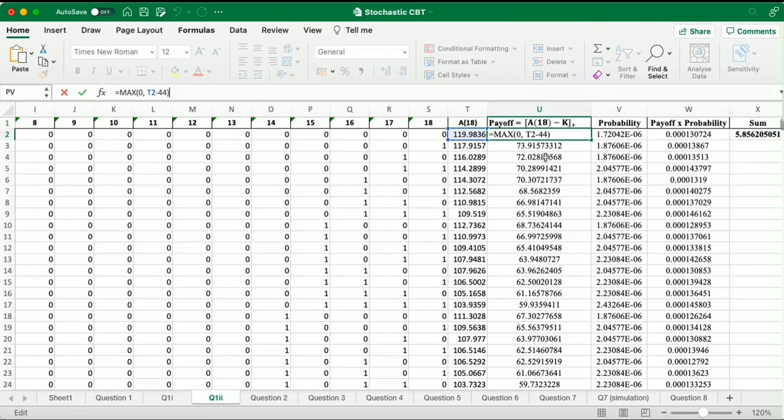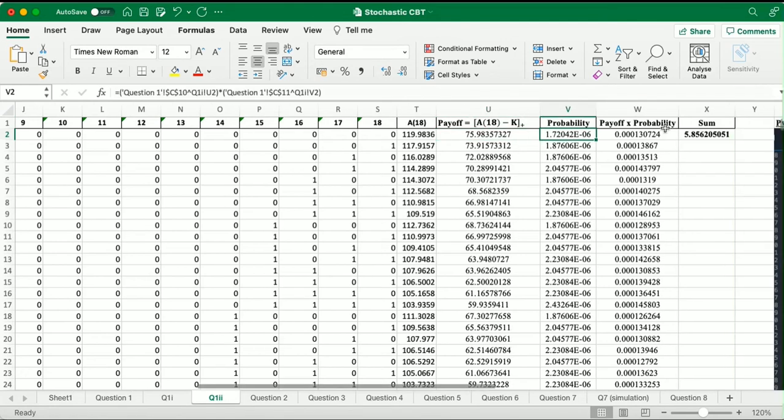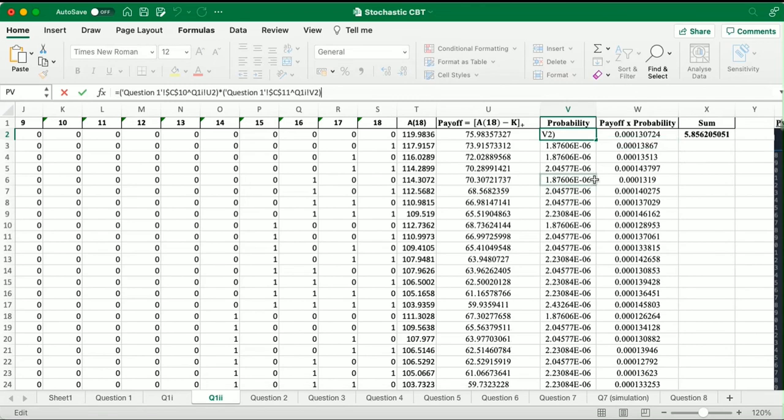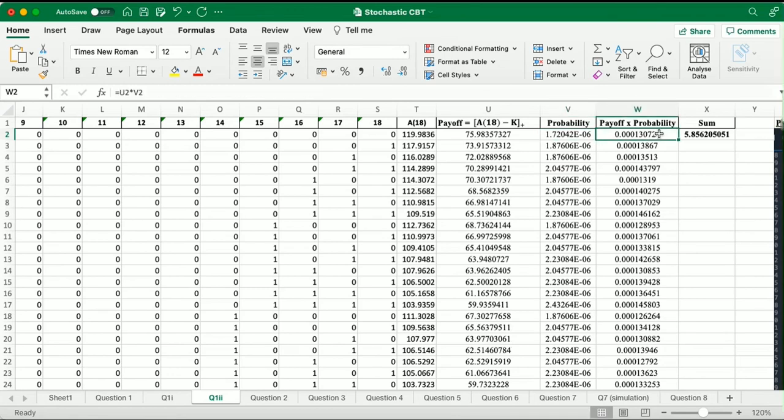If the arithmetic average is lower than the strike price of 44, then the payoff is 0. The probability uses the same formula as before: probability of ups to the power of the number of ups multiplied by probability of downs to the power of the number of downs in that particular path. Then payoff multiplied by probability is column U multiplied by column V.